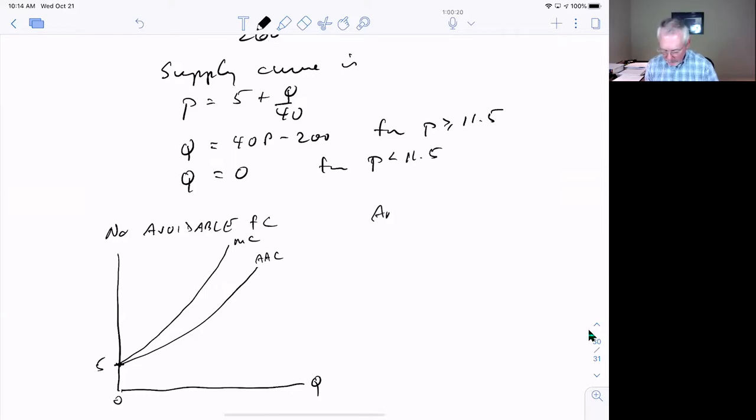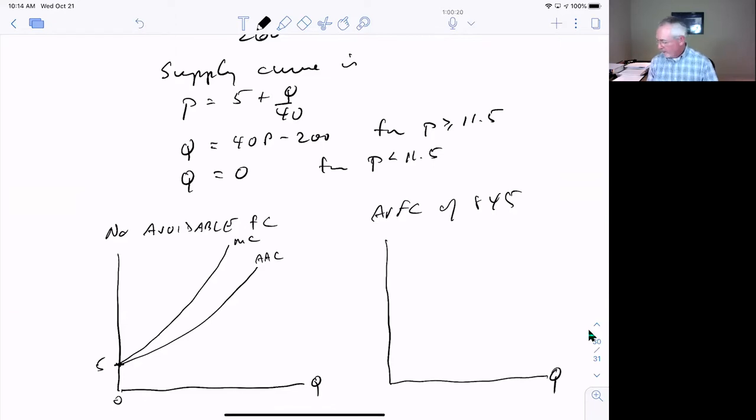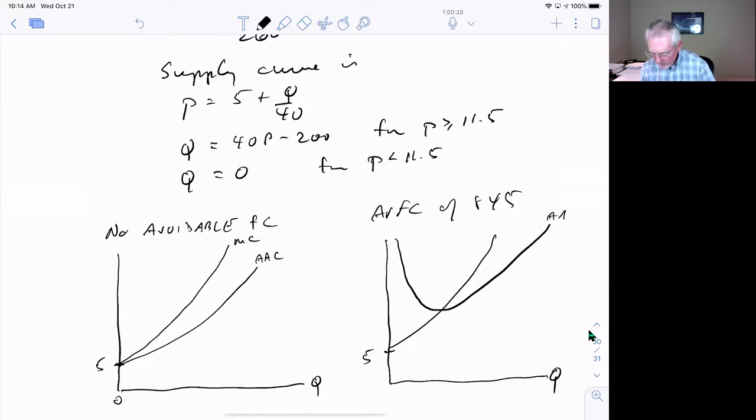Now with the avoidable fixed cost of 845, we have a fixed cost added into the relationship. I still have the same marginal cost. Here's my marginal cost curve. But now my average avoidable cost also has a fixed component, so it's going to look like this. This will be my average avoidable cost, which also includes that 845 as a non-sunk, or avoidable, fixed cost.